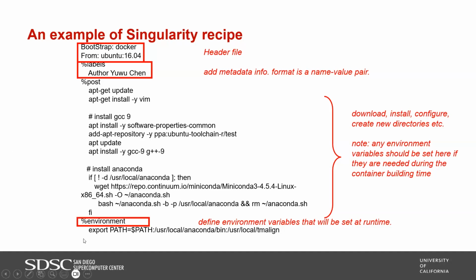And the last part in this example is the environment part. This environment part defines the environment variables that will be set at runtime. So when you run your Singularity image, these are the environment variables that will be loaded.